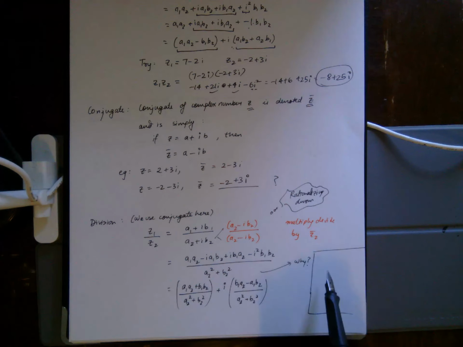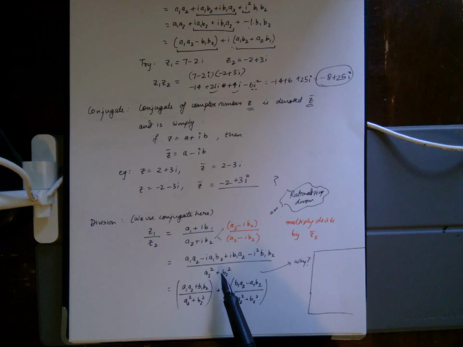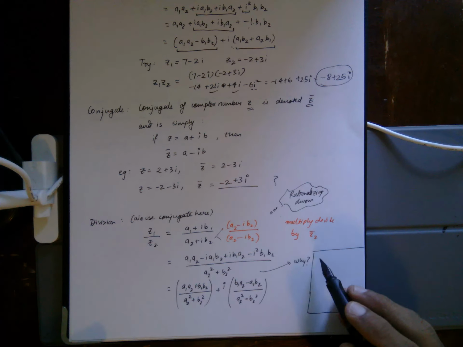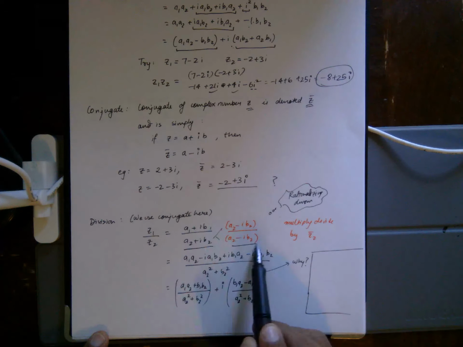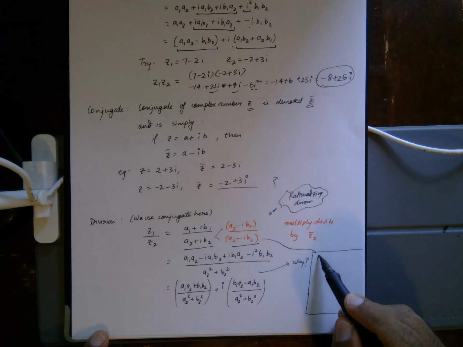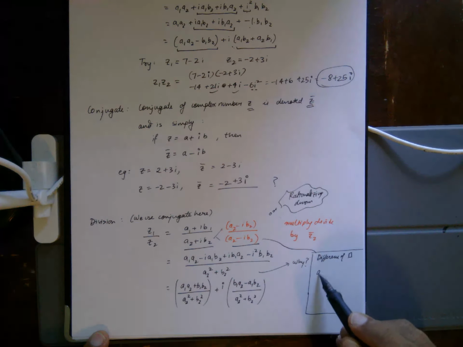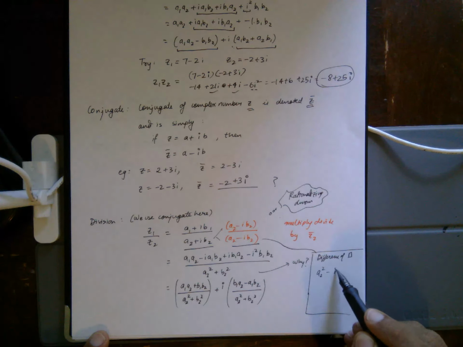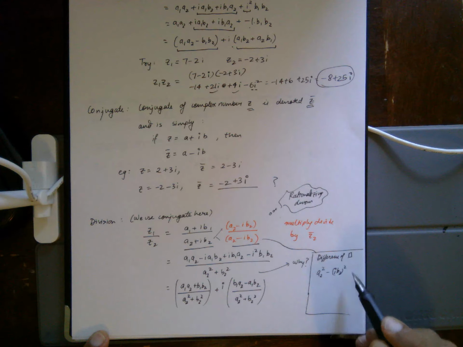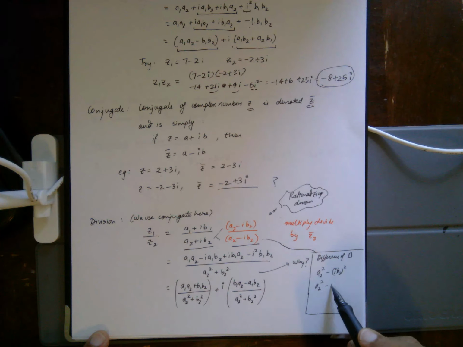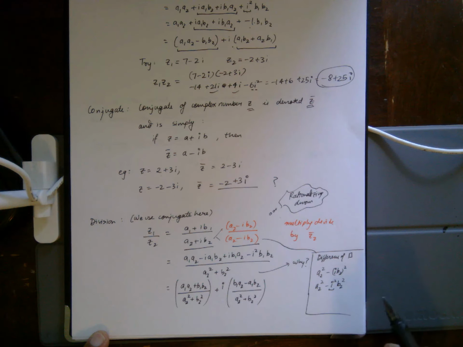Now I left this as a blank for you to fill in. Why is this a2 squared plus b2 squared? Well, if you look here, that's a difference of squares, which means it's going to be a2 squared minus ib2 squared, which is a2 squared minus i squared b2 squared, but i squared is negative 1 and negative times negative becomes a positive.